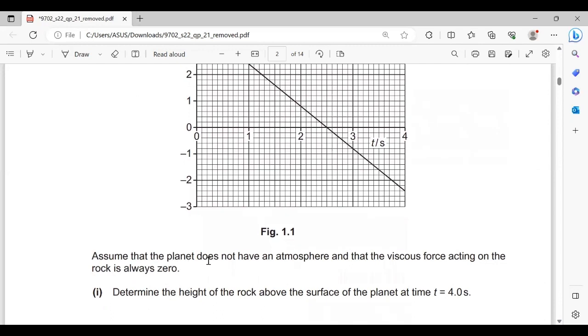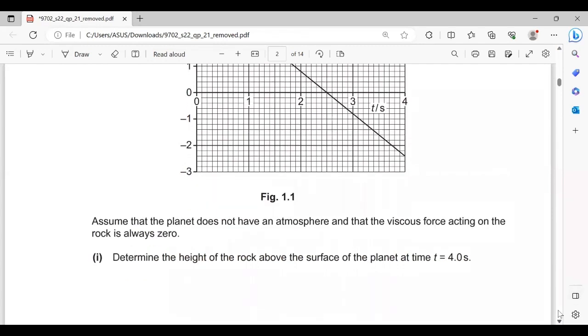Assume that the planet does not have an atmosphere and that the viscous force acting on the rock is always 0. Now, determine the height of the rock above the surface of the planet at time t equals 4 seconds.